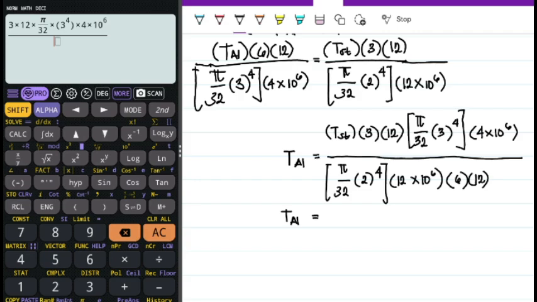Now we can input everything in our calculator. So I'd like to refer you guys to the calculator on the left. Times 12 times 10 to the power of 6 times 6 times 12.